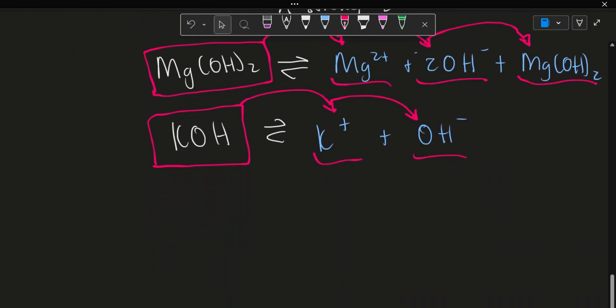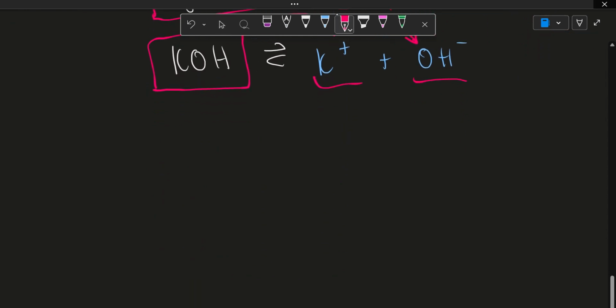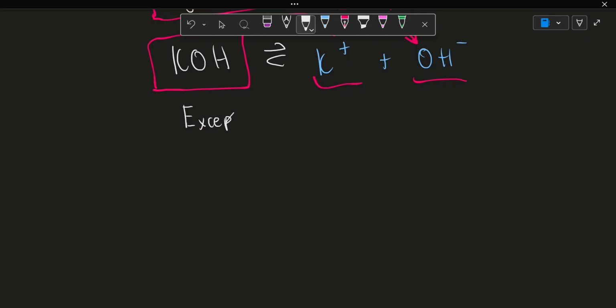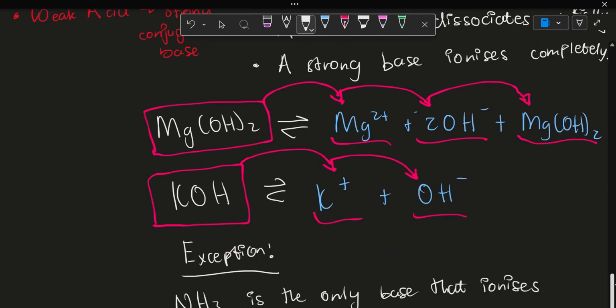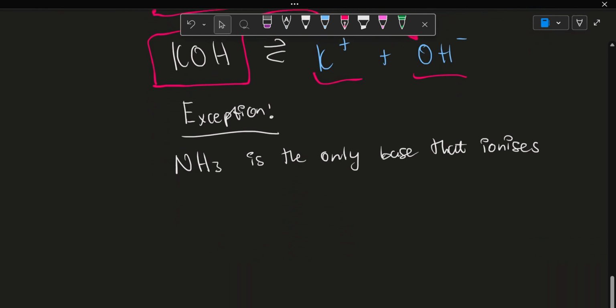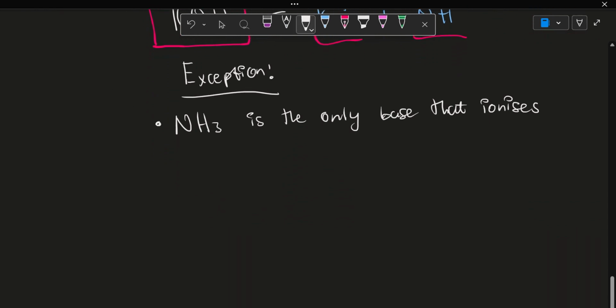Right? So you notice that it's basically similar to how acids ionize and dissociate, right? But we have an exception, a very, very important exception. The exception is that ammonia is the only base that ionizes. Remember that we say bases dissociate? Yes, it's different with ammonia. This one is so special that it is the only base that is allowed to ionize.